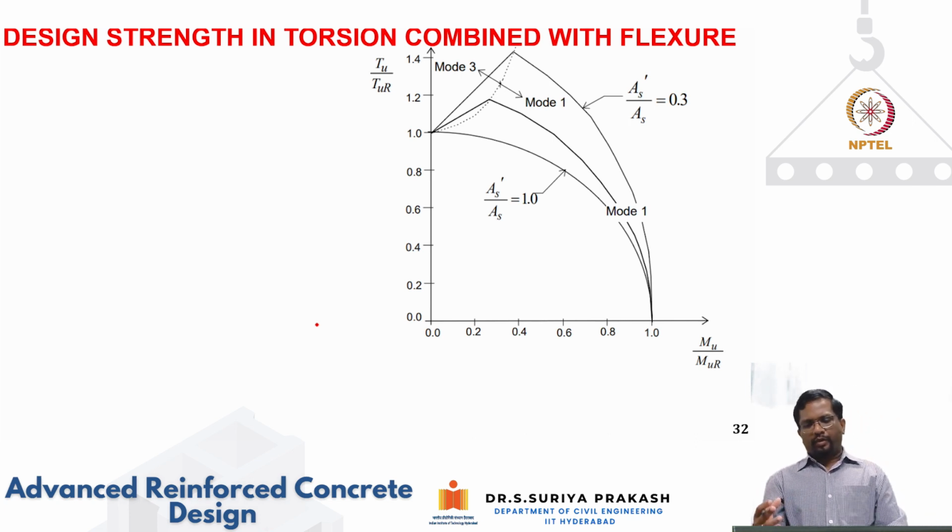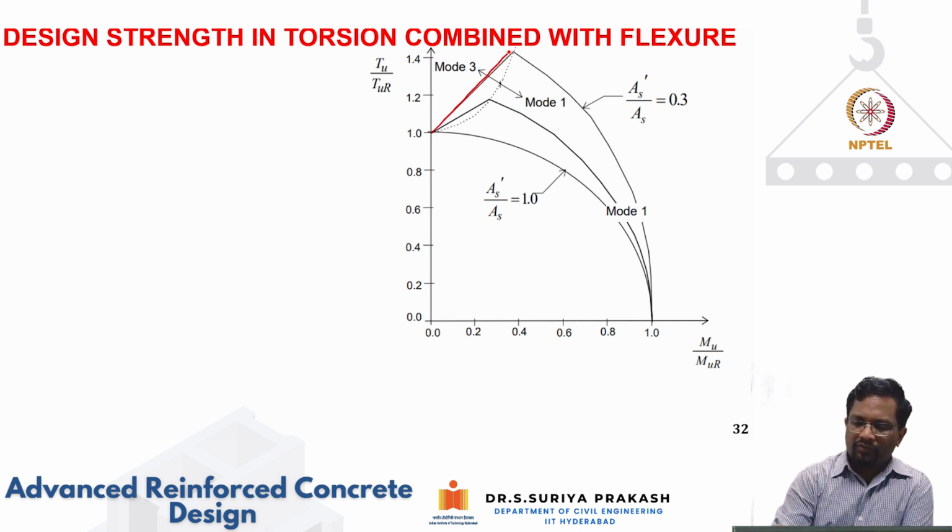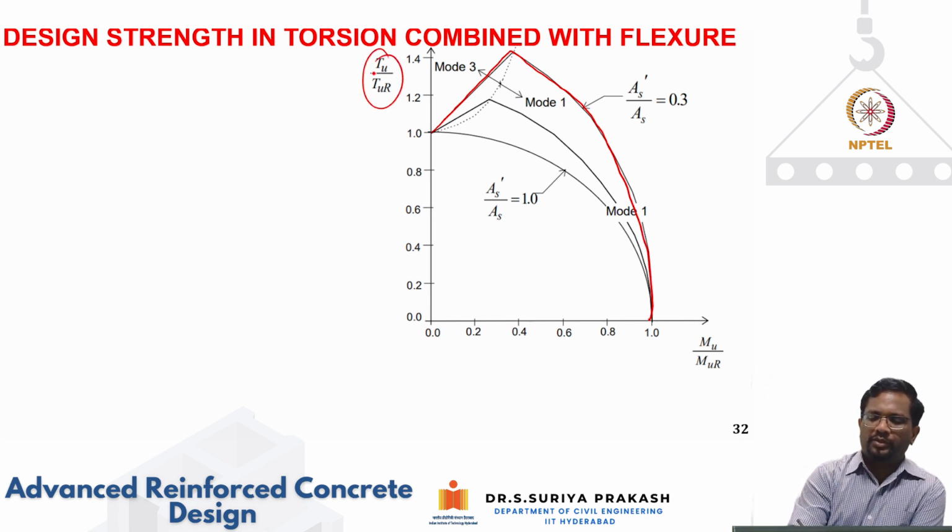Now, just like we can draw the interaction curve between axial compression and bending, people have done some experiments, and based on the skew bending theory, assuming different modes are going to govern, people have come up with these kinds of failure curves. So what you find here are nothing but your failure curves. You do your design, and what is there on the y-axis? Tu by Tur. That means Tu is your demand, and Tur is your resistance.